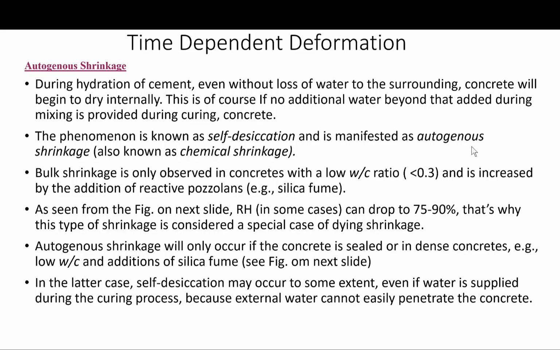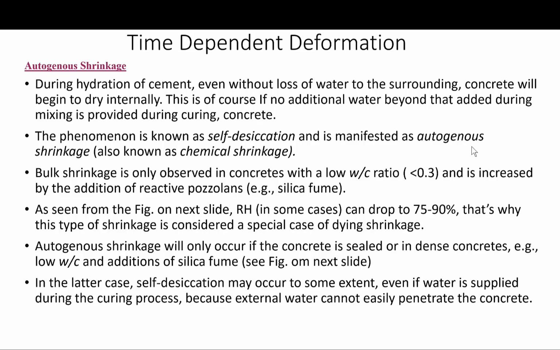In extreme cases, the internal relative humidity can drop to between 75 and 80%. So this shrinkage is basically a special case of drying shrinkage, and it is also of similar magnitude, since really it is immaterial whether the water is removed by physical or chemical processes.